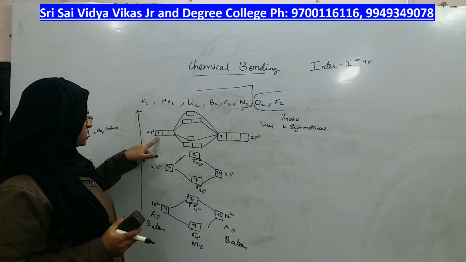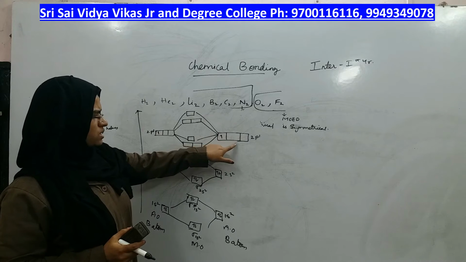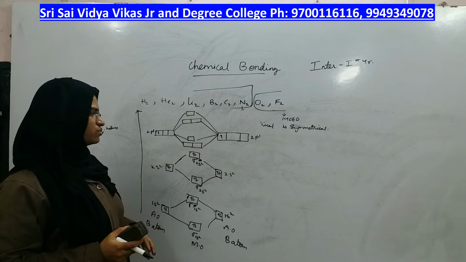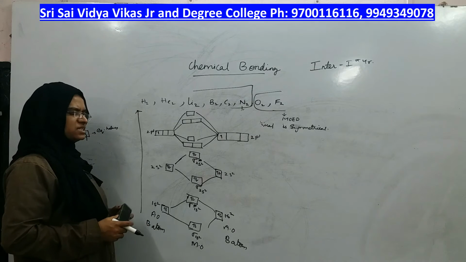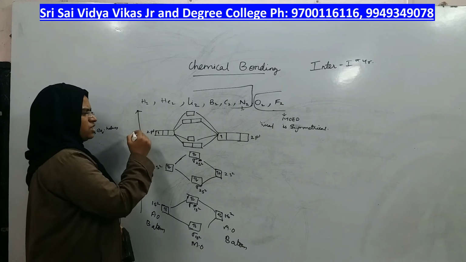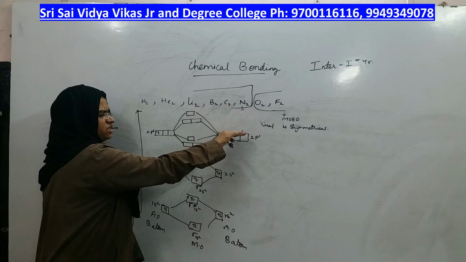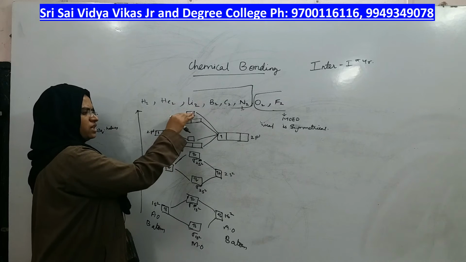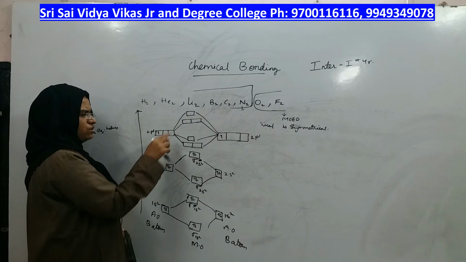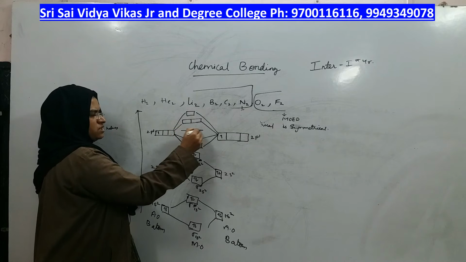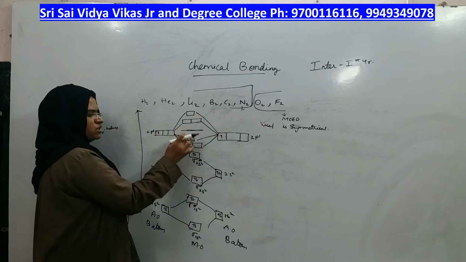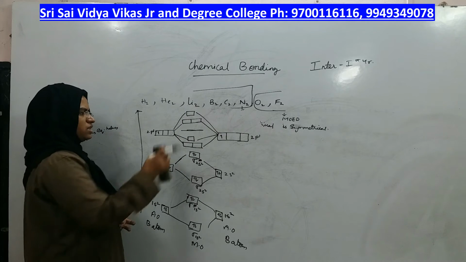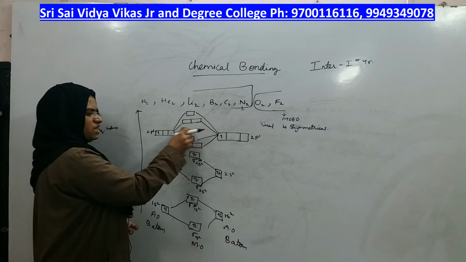As I told, 6 atomic orbitals combine with each other to give 6 molecular orbitals, and they are placed unsymmetrically, which means if you want to cut it in the center, you will not get 2 equal halves. Will you? No. If this is where you cut, on this side you have 2, 1, but on this side 1 and 2, right? So it is unsymmetrical in shape.